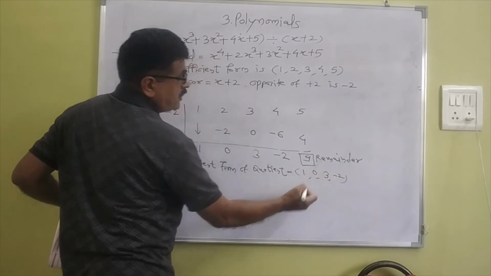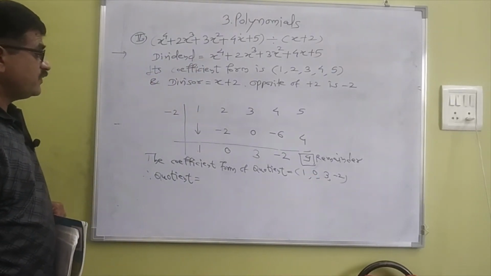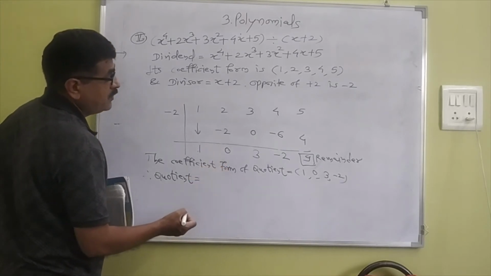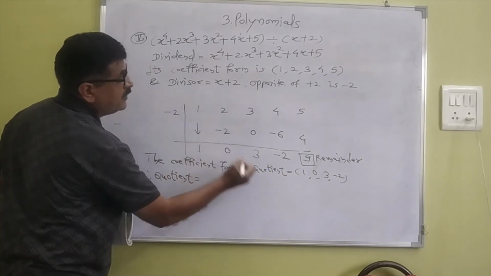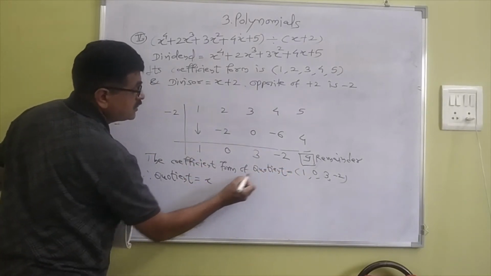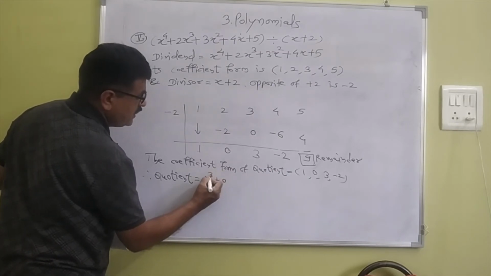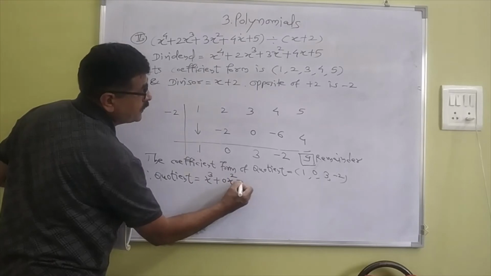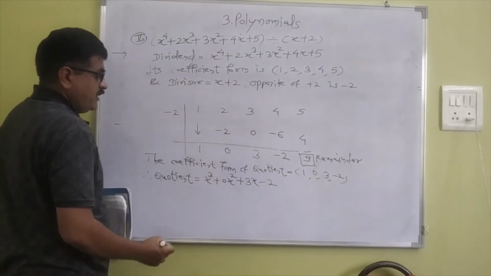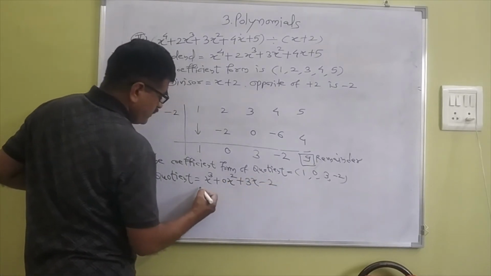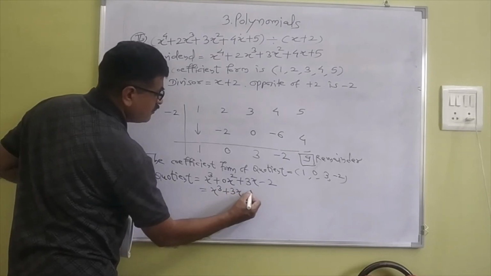now there are 4 terms, therefore take degree is 3, that is 1 less than 4. 4 minus 1 is 3. Now here variable is x, therefore x to the power 3 plus 0x square plus 3x minus 2, or it can be written as x cube plus 3x minus 2.